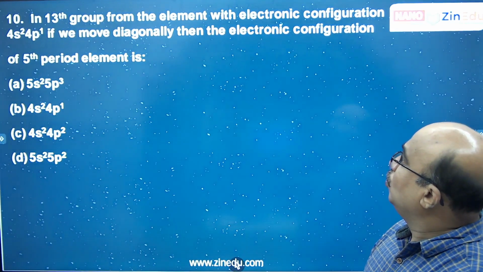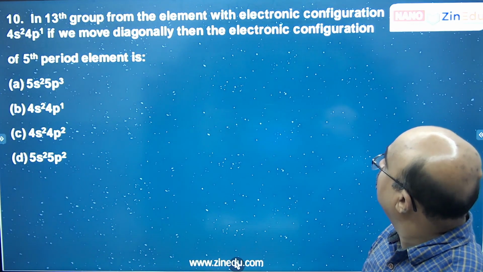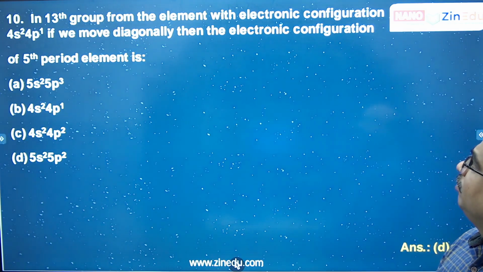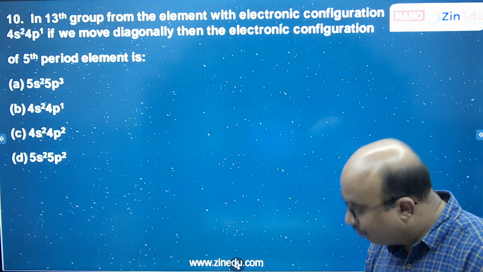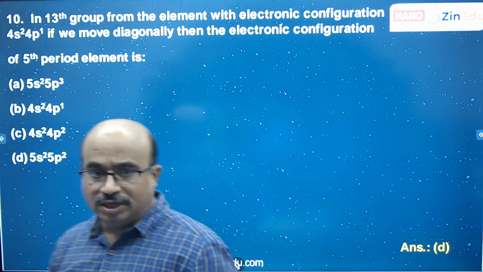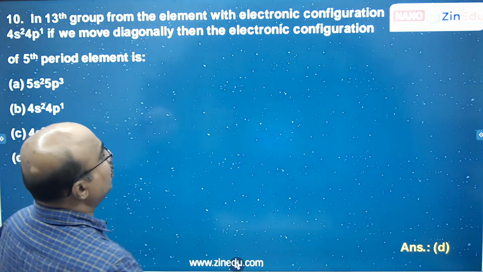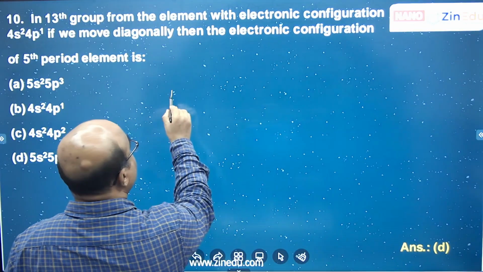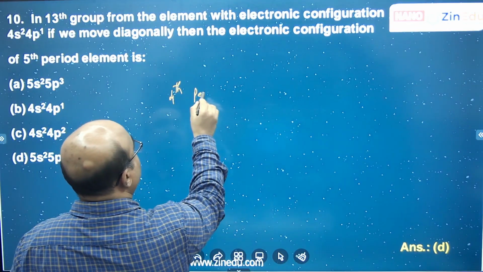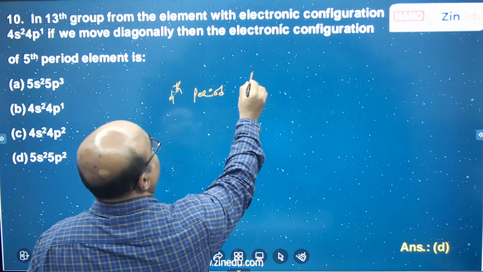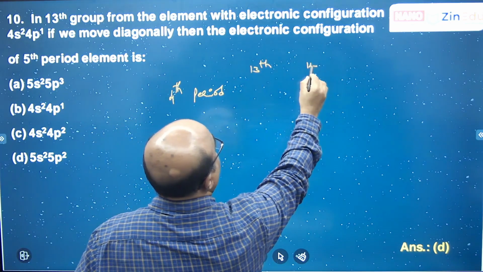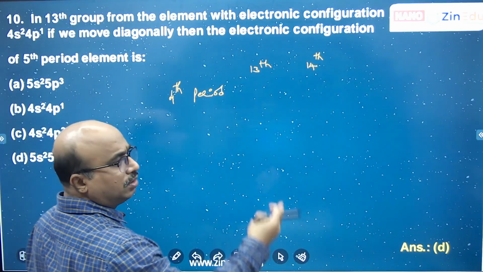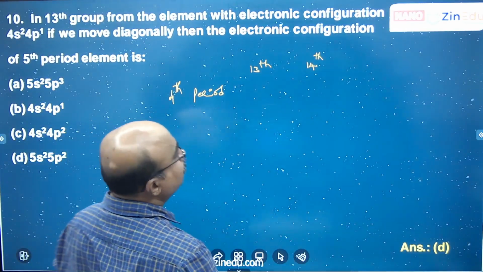In the 13th group element of electronic configuration 4s2, 4p1, we move diagonally, the electronic configuration of the 5th period element is? So you have periods, 4th period suppose, 13th group and 14th group. So what is there in the 13th group? Boron, aluminum, gallium.